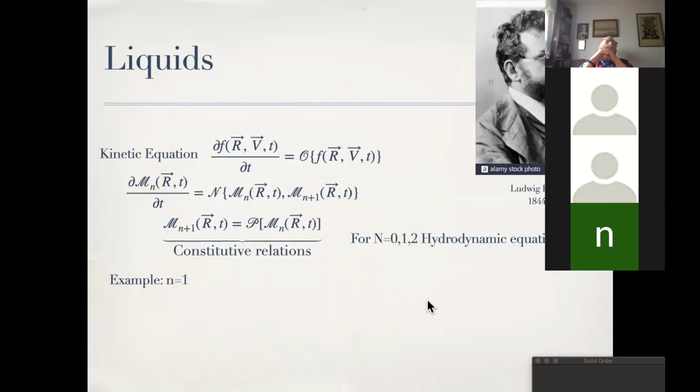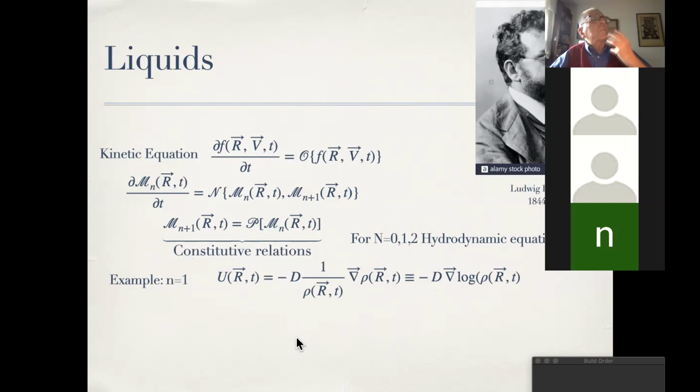Consider n equals 1. If we have n equals 1, then we have to relate a first moment to a zeroth moment of the distribution function. And that means that we have to write the relation for the velocity. I apologize that the vector is missing from the capital U. And this closing relation, the constitutive relation, says that the mean velocity U of r is proportional to the gradient of the density, that is, how the density changes in space, divided by the density.